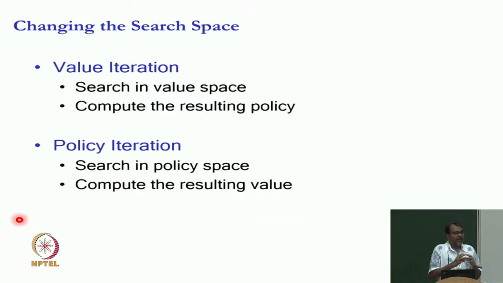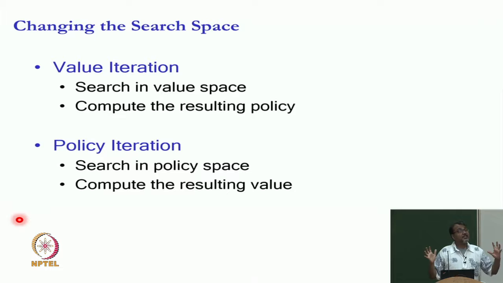The main point is that in value iteration, we want to come to the convergence of the V star function, and we are constantly moving in the value space. We can always compute the greedy policy, but we never insist that the greedy policy changes in any iteration. It is possible that I make many value changes and then my greedy policy finally changes.